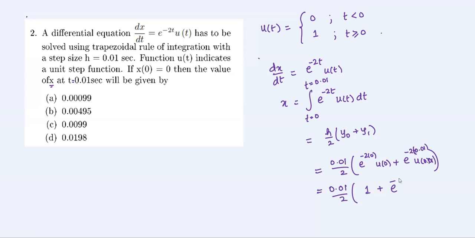So e power minus 0.02. So this will be the step.